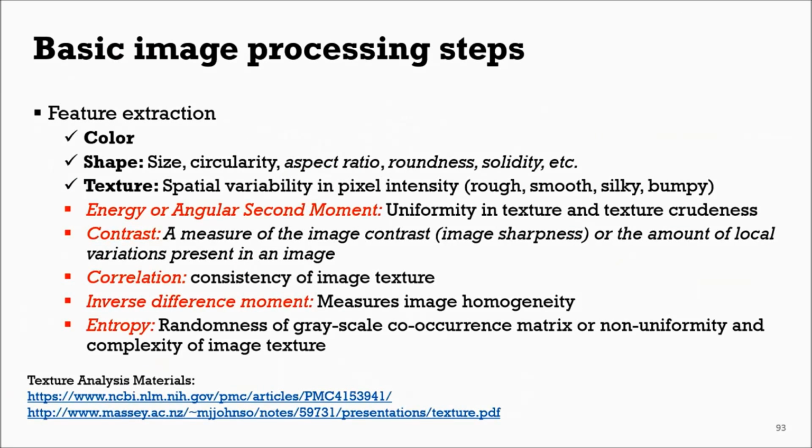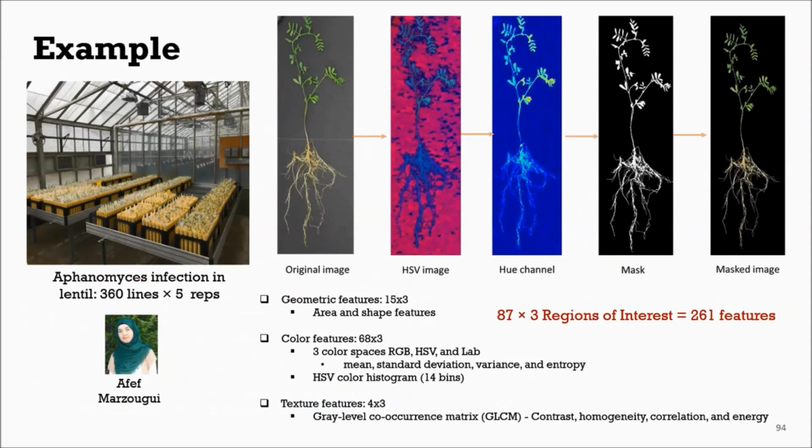Once you have your processed image, you have eliminated all the noise and all the background, you extract many different types of features. You can have color, shape, texture features, and here I'm just naming a few. Just as an example, this was a study done by my graduate student, and our goal was Phanomyces infection, and we had almost thousands of images.